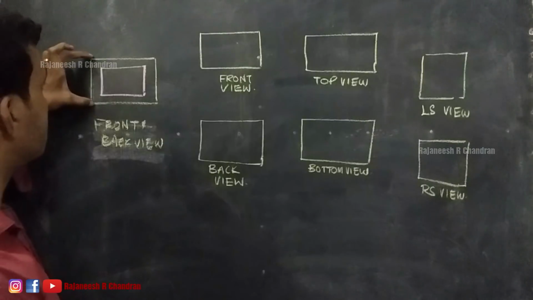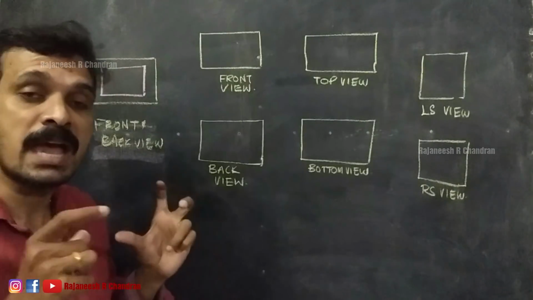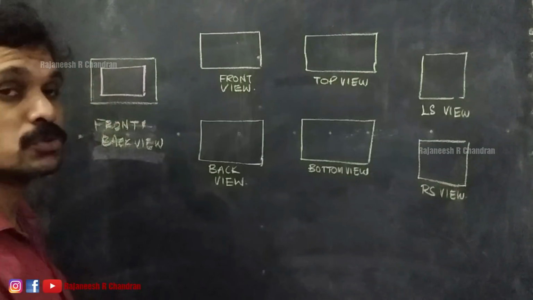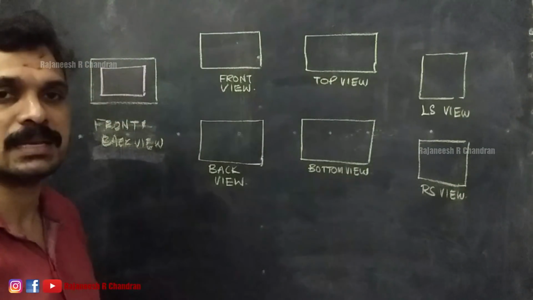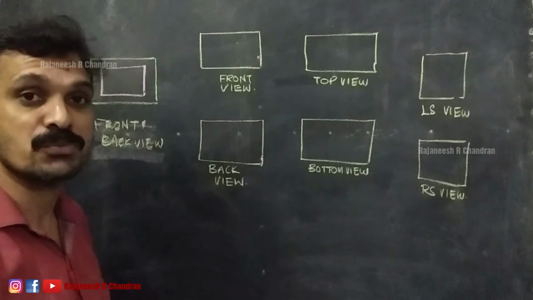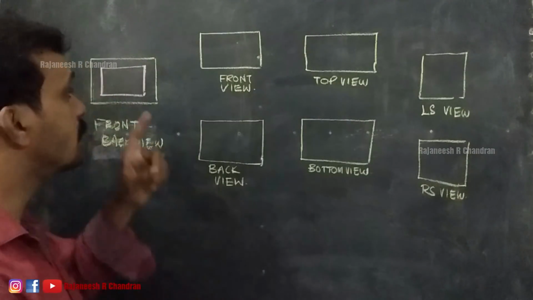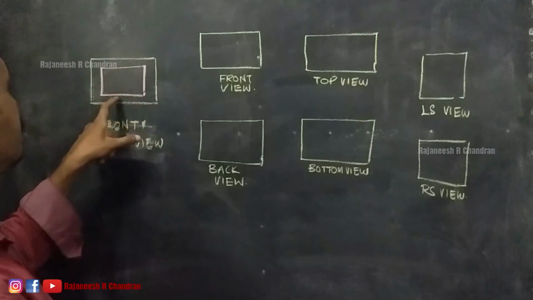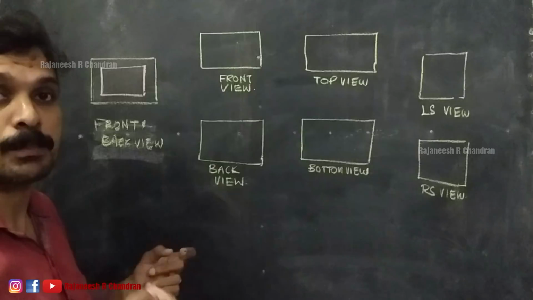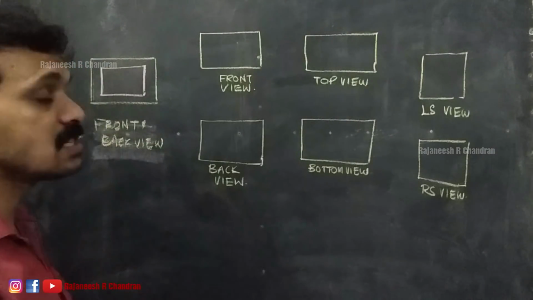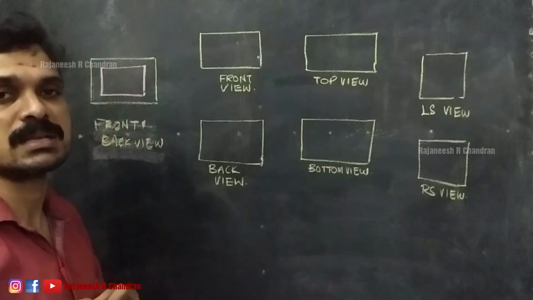See, this is the front view and this is the back view, and we have combined them together and drawn them together, so that this is the front and back view. Now, how can we differentiate which one is front and which one is back? See, here we use the yellow color for the front view and red color or pink color for the back view, right? In that manner, we can differentiate the front as well as the back view.